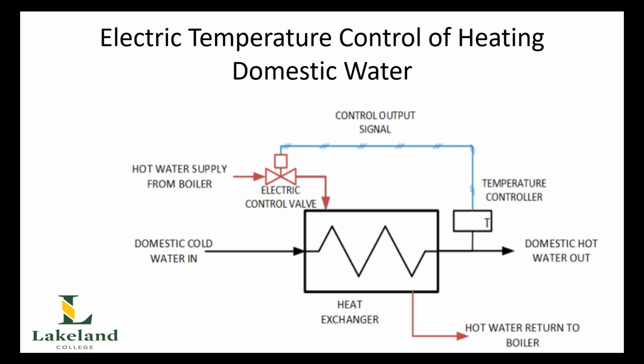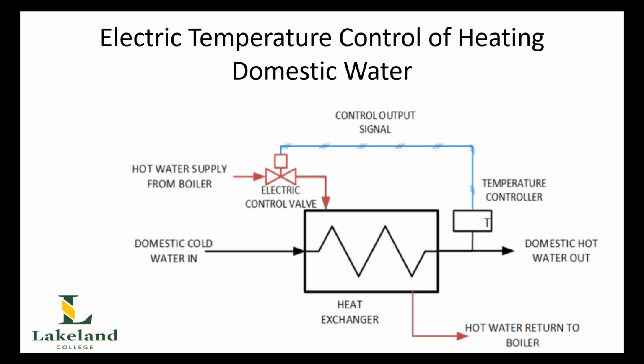Thereby, the domestic cold water will heat up, and we get domestic hot water coming out the other end. The hot water that imparted its heat into the domestic water is going to cool down, so it will exit the other side of the heat exchanger before it returns to the boiler for reheating, and the loop repeats.